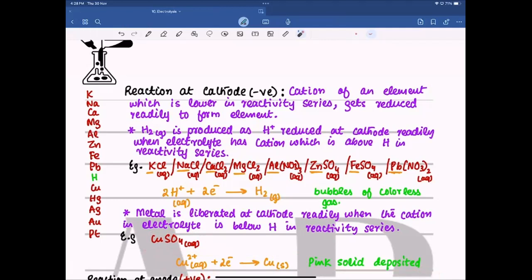So see, there is hydrogen, all the metals above hydrogen.